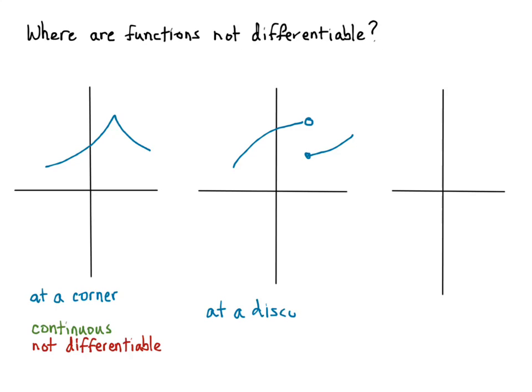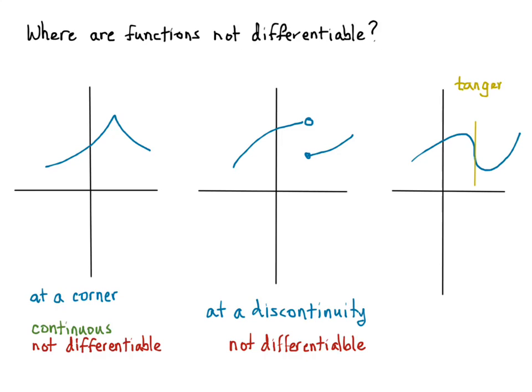If you have a discontinuity, this is both discontinuous and not differentiable, because if that discontinuity happens at a, which is the slope? Is it from the left-hand side or from the right-hand side? Well, other than sheer coincidence, they're not going to be the same.